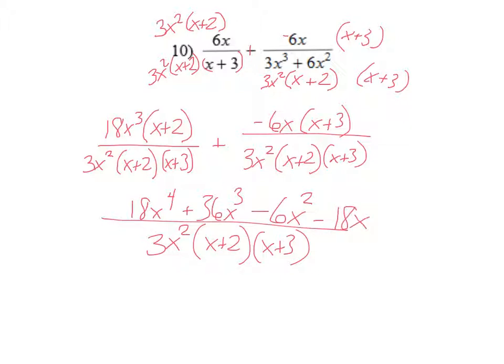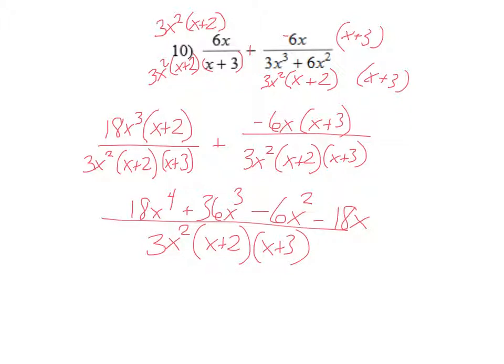And as a final step here, we'll look to go ahead and pull out a GCF. And on the top, it looks like I really could pull out a 6x, is what would come out of that. And I do think that would reduce nicely with the GCF, or the common factor that I have down here. I could pull the 6 out.